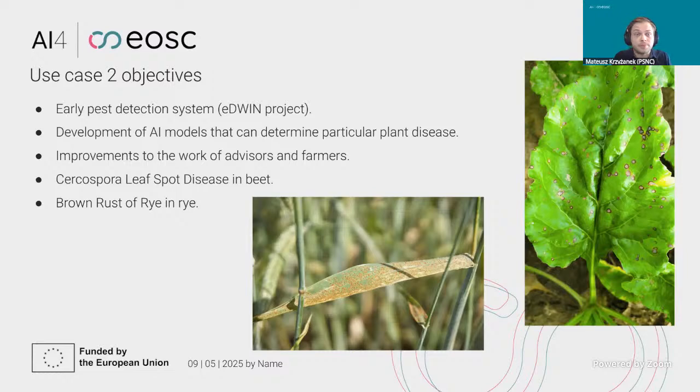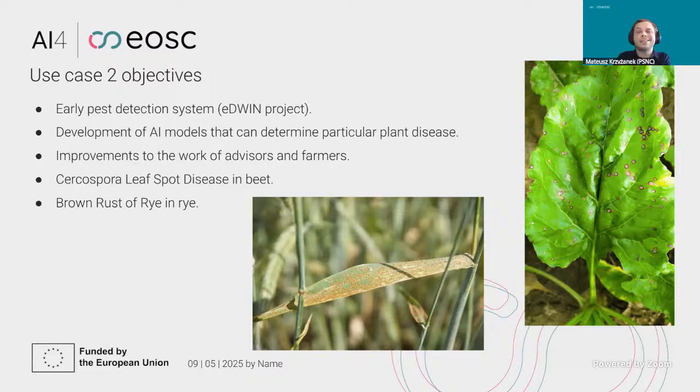Entire fields may become unsuitable for harvest. For crops like beet or rye, diseases such as Cercospora leaf spot or brown rust can directly affect both the quality and the quantity of the harvested product, impacting farm profitability. That's why fast and accurate diagnosis, especially when supported by AI, can be a key component of modern crop protection strategies.